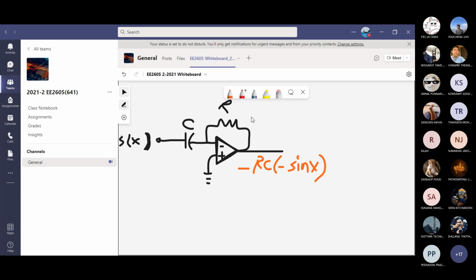And then when you put it on the summing op-amp, you can make it a plus sign. This is already a plus sign. But if you go to the summing op-amp, what happens if you have an inverting input?